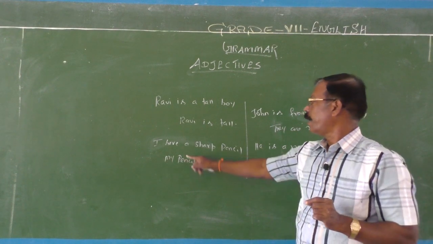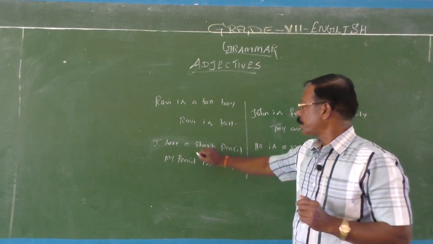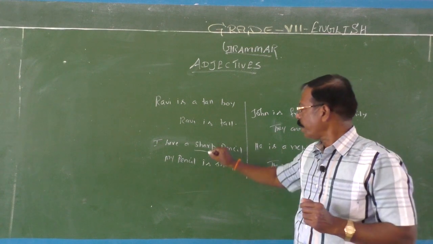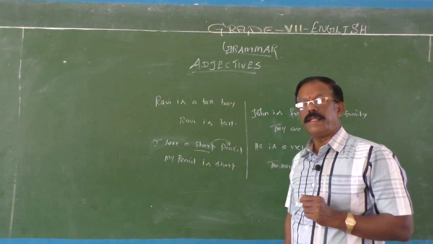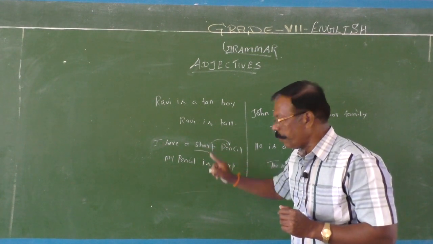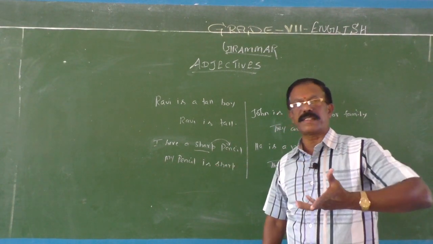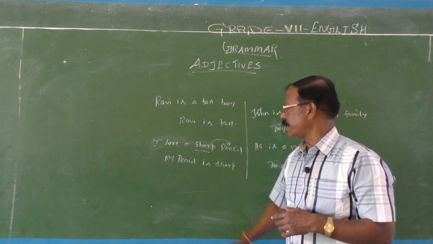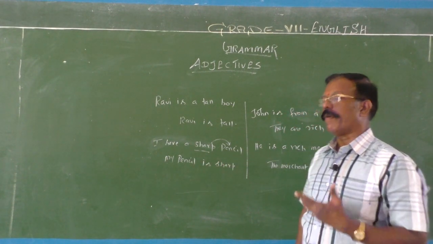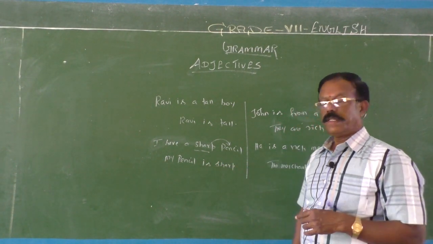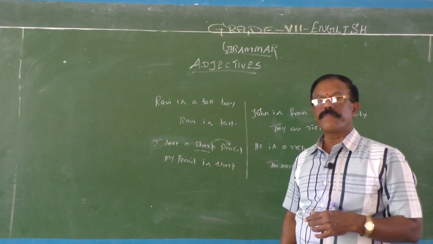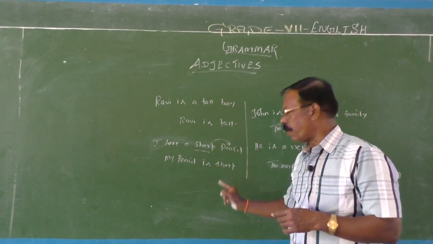Okay, fine. I have a sharp pencil. Sharp is an adjective. It describes the noun pencil. It is an attributive adjective because it is placed before the noun it describes. Now compare the next sentence. My pencil is sharp. It is placed in the predicate part, after the noun.